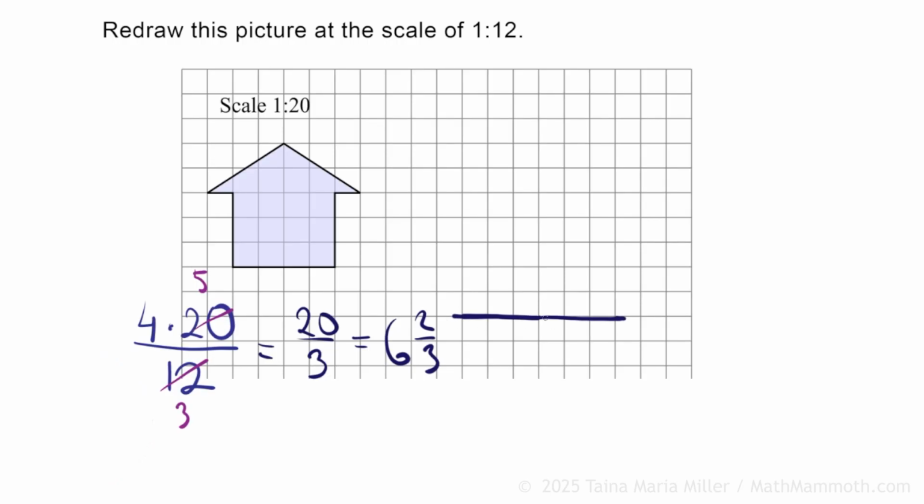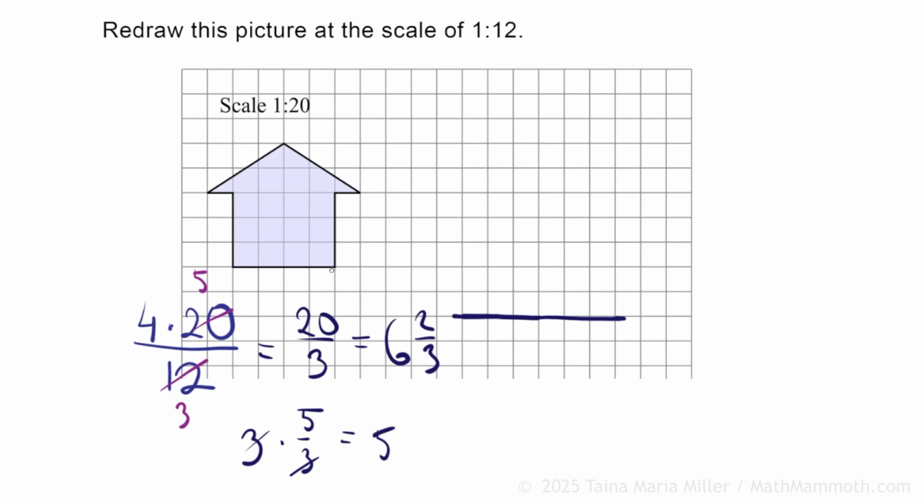Now total 6 2/3. Now let's think about this dimension. 3 units. Again, it gets multiplied by 20 divided by 12. But I can just use this 5/3 that I already calculated. And here, those cancel. So it becomes simply 5.